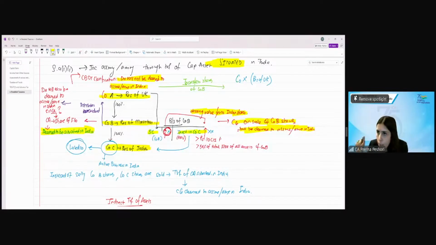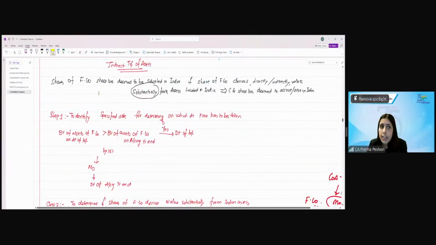So company B's shares are deriving the value from company C's shares, because what does company B have? Only the investment in company C. Correct? So the Indian government says that the shares of company B shall be deemed to be situated in India if the shares of company B derive their value substantially from the assets located in India.